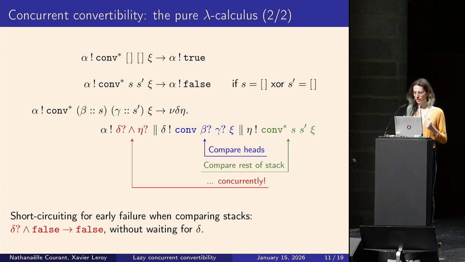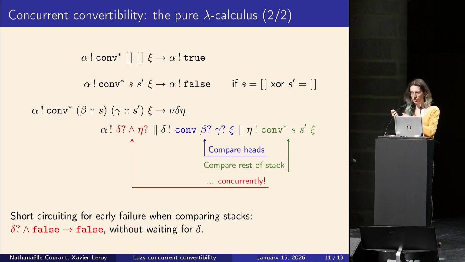Comparing the stacks is where it gets interesting. If only one stack is empty, it's false; if both stacks are empty, it's true. But if both stacks are non-empty, we generate two fresh convertibility tests, one for the head of the stack and one for the rest of the stack. And we combine them. And here we see this is done concurrently because the process on alpha is waiting for two other processes.